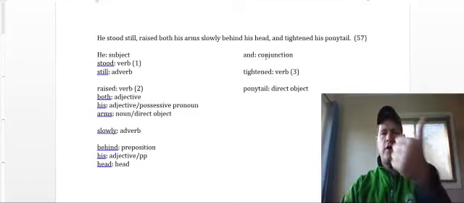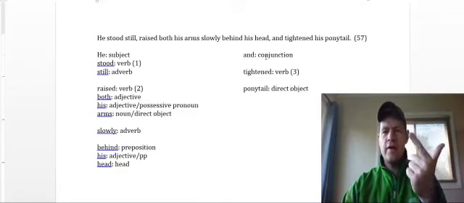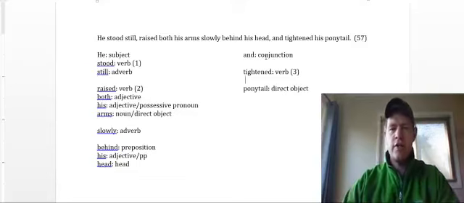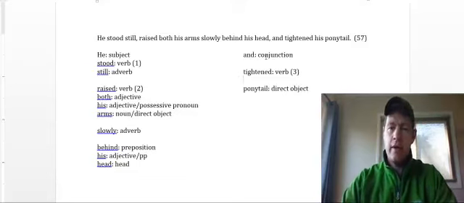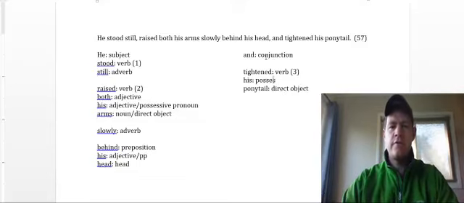He tightened, so he is our subject, verb is tightened, it's verb number 3. What did he tighten? His ponytail. So ponytail is the direct object, and what kind of ponytail? It's his. So we have his ponytail, possessive pronoun, and it's a modifier or an adjective.